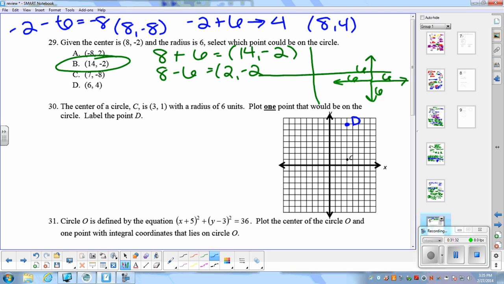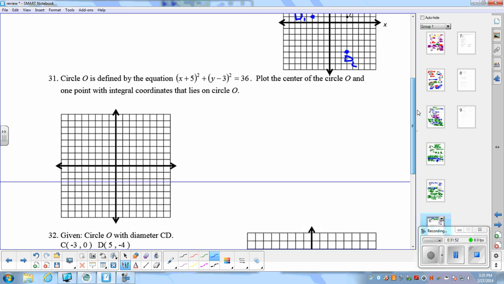So here's one example for point D. I could go 6 to the side. There's another point D, or I could go 6 down. I also could go 6 to the other side, but then I'd end up off my graph, and who really wants that? All right. Number 31.